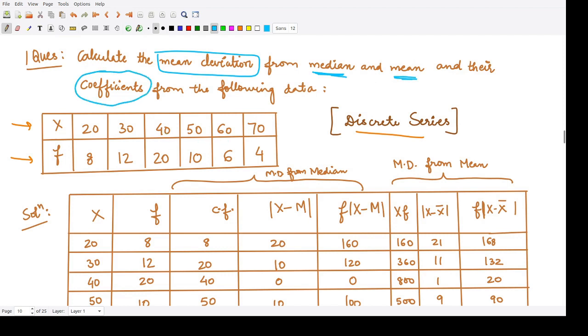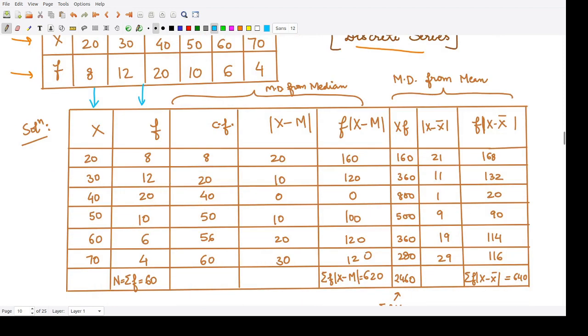So firstly we will see what is the mean deviation about median. So for that, what we do, we create this table. Firstly, we write the X values, we write the F values given in the question as such. And then for mean deviation about median, firstly we have to calculate what is the corresponding median.